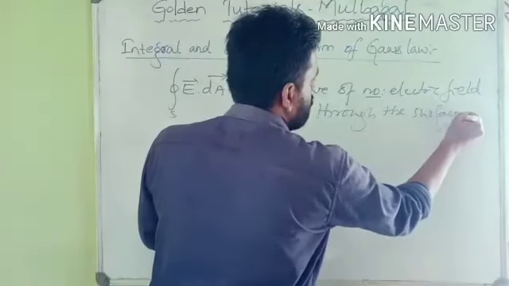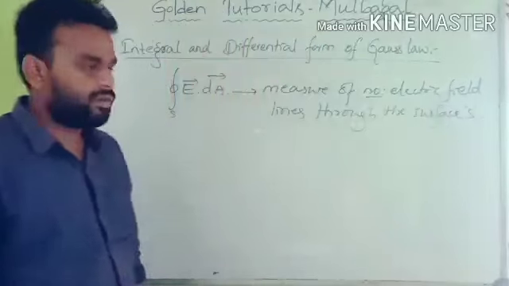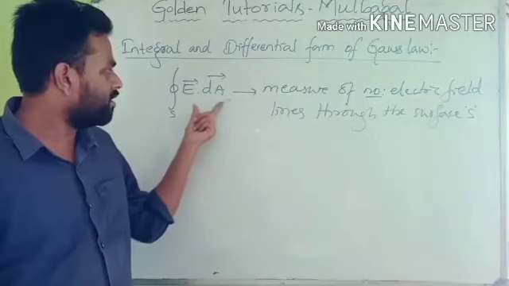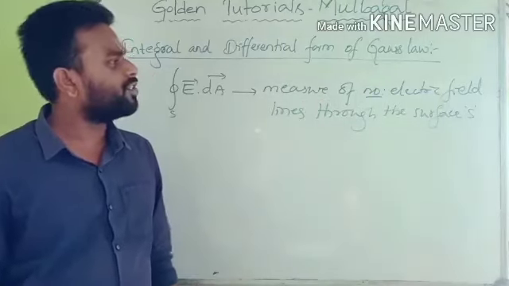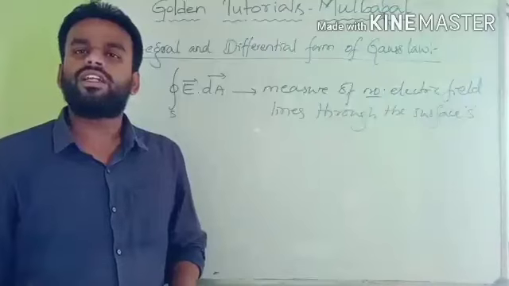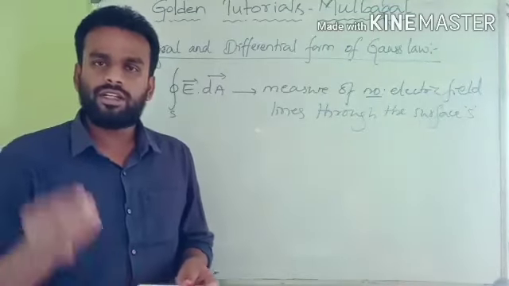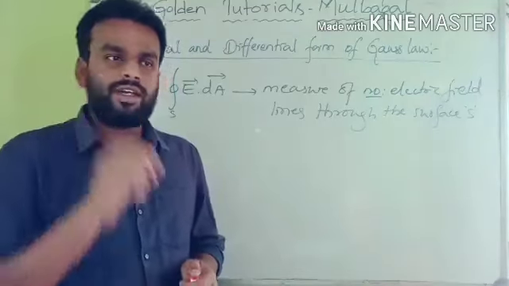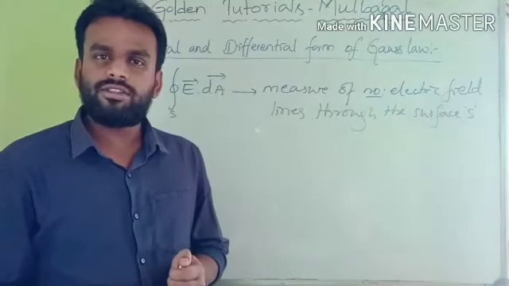So this surface integral over any closed surface is a measure of the number of electric field lines through that surface, and in other words we can say it gives the total electric flux through that surface. Right?